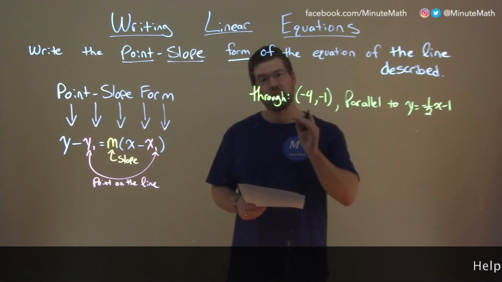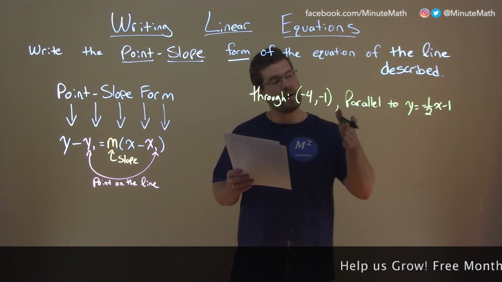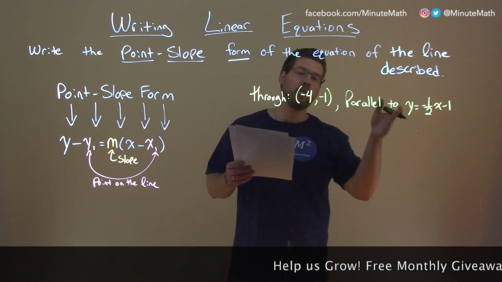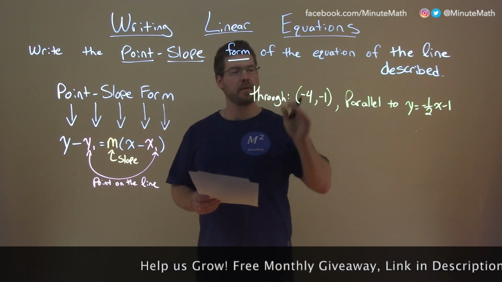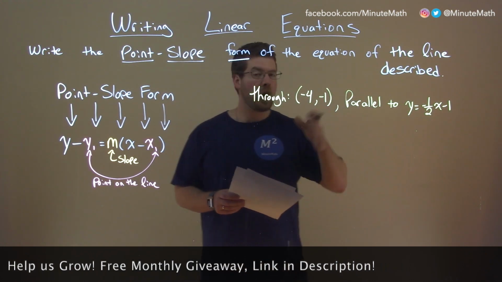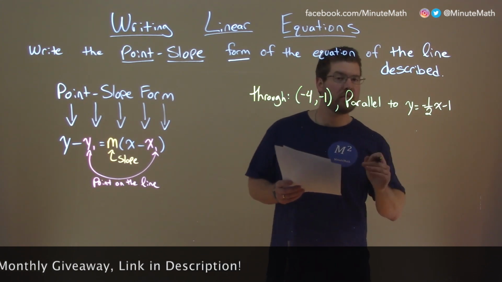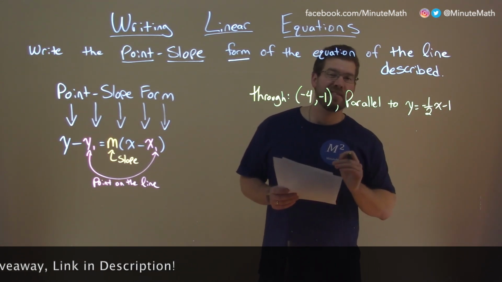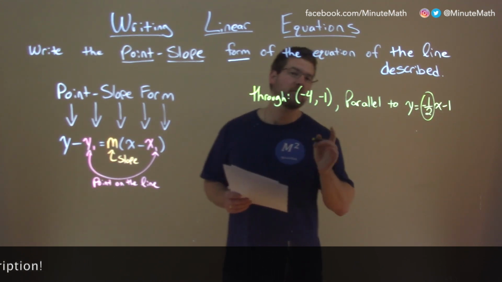I was given this problem through -4, -1, and it's parallel to y equals -1/2 x minus 1. We want to write this in point slope form. We have a point, but we don't have a slope yet. We have an equation. They tell us our line is parallel to this line. We know parallel lines share the same slope. Since this is in slope-intercept form, this -1/2 here is my slope.